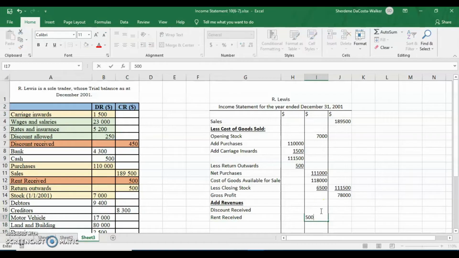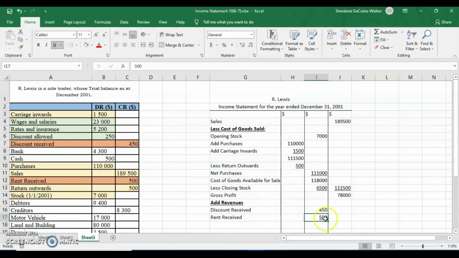But what I want to point out to you is that your receive will be under your credit column, because these are earnings, so they increase your capital. What we learned previously in some of the lessons that we have done, especially on the ledger accounts and the preparation of your trial balance. So these are going to increase your capital, so they're going to be on the credit side. So we're going to add them together.